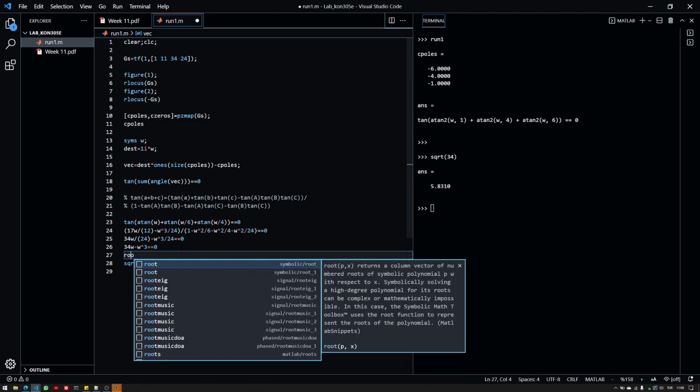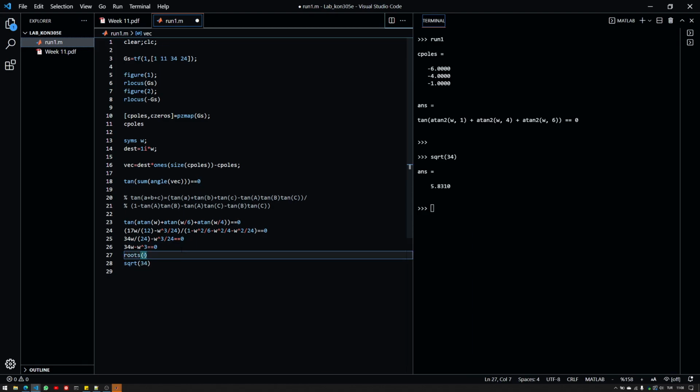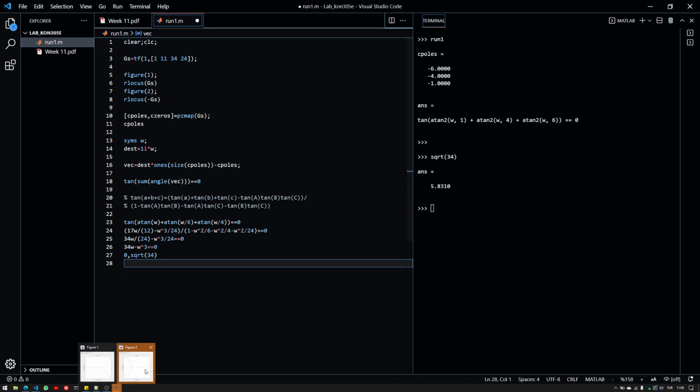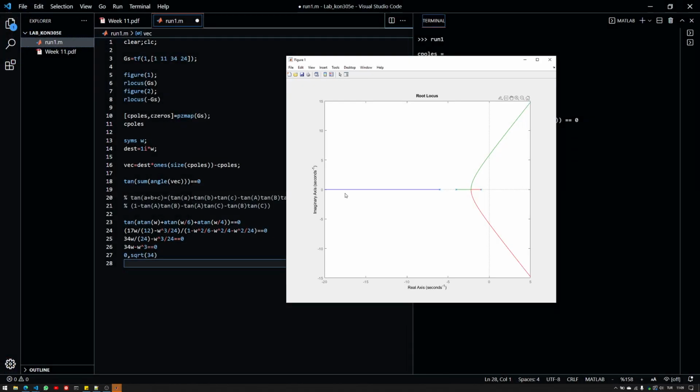So the solution here is the roots of, and we can directly say that we have 0 and square root of 34. Now, if we use pen and paper and some trigonometric identities, and the vector operation that we carried out using this line here, then it is practically not that difficult to come up with the solution that gives us the exact point of the j omega crossing, or even the origin.